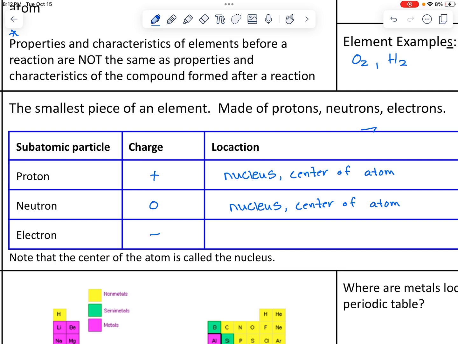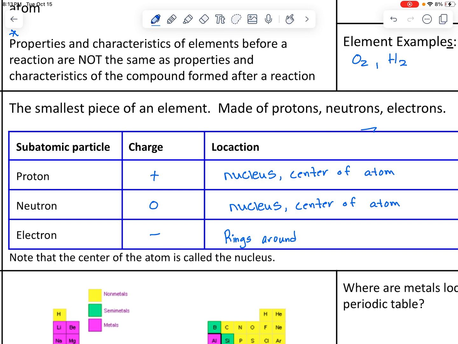And finally, electrons are located in orbitals. That's getting, again, a little bit too deep. We'll say that they're located in the rings around the atom. These, of course, around the nucleus, I'm sorry. These, of course, it's a little ambiguous.